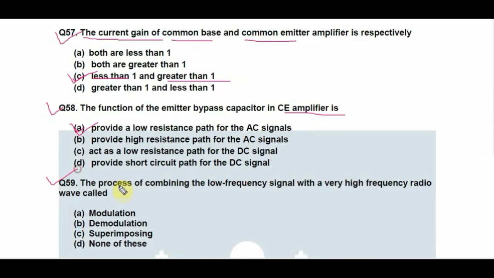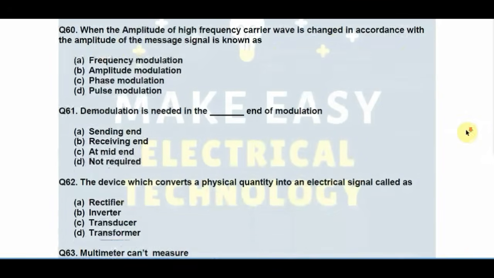Next question, the process of combining a low frequency signal with a high frequency radio wave is called modulation. Option A is the correct answer. In the next question, when the amplitude of the high frequency carrier wave is changed in accordance with the amplitude of the message signal, it is known as amplitude modulation.